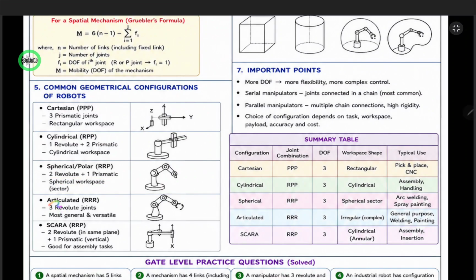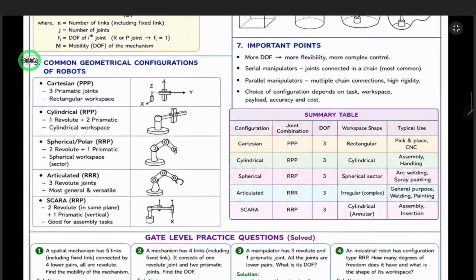Articulated, RRR: three revolute joints. Now SCARA: two revolute joints in the same plane and one prismatic, which is vertical, so it is good for assembly tasks.